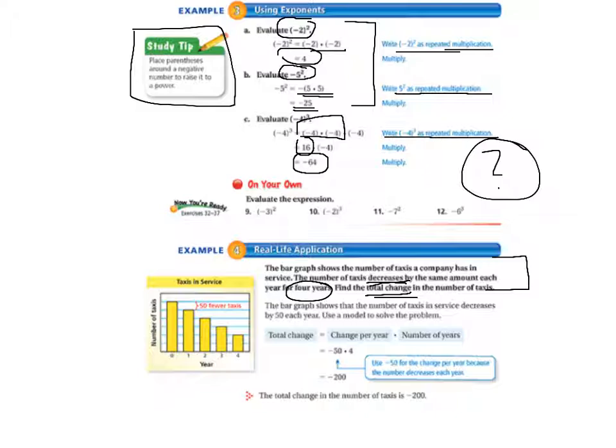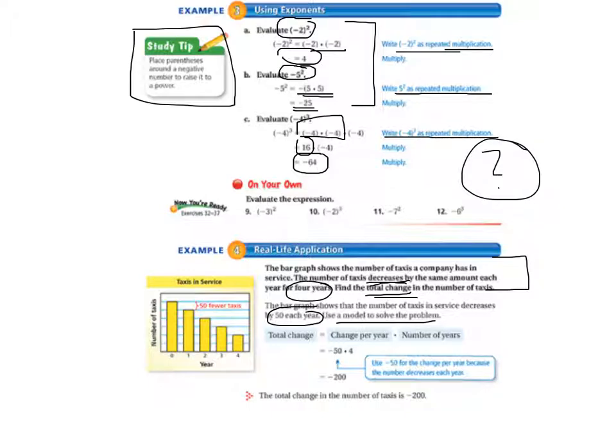So the bar graph shows that the number of taxis in service decreases by 50 each year. We're going to use a model to solve the problem. So our model is that the total change, which is what we're asked for, equals the change per year times the number of years.